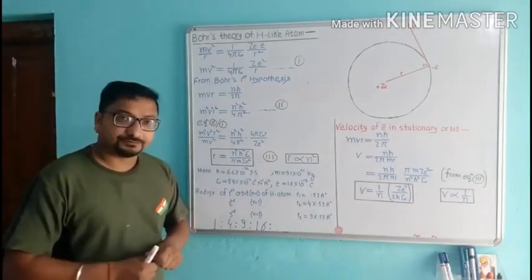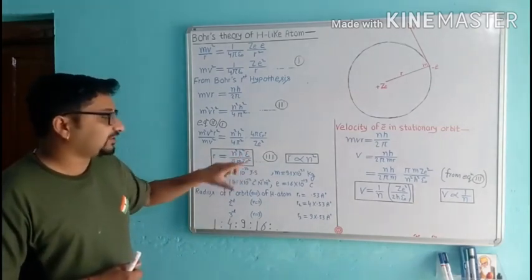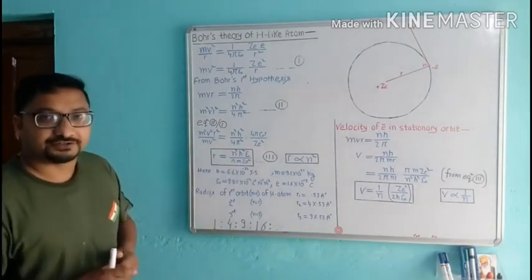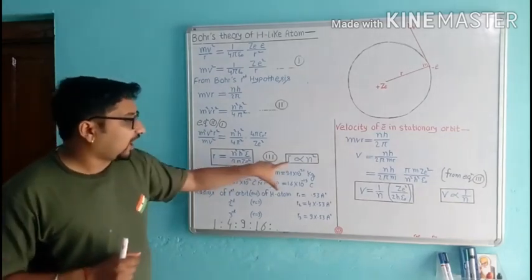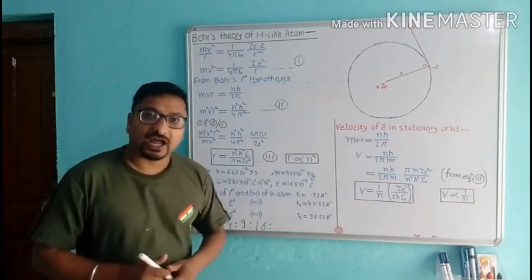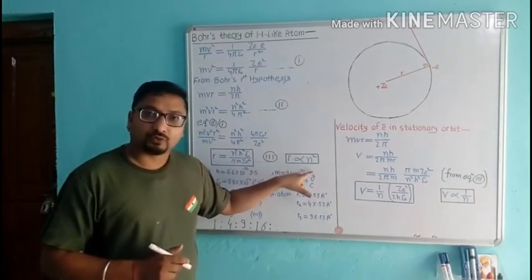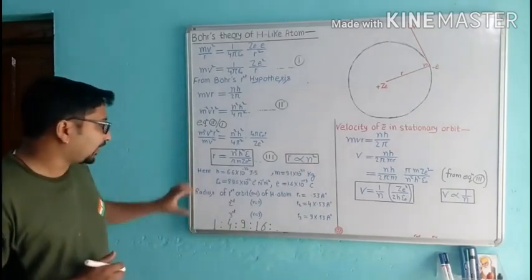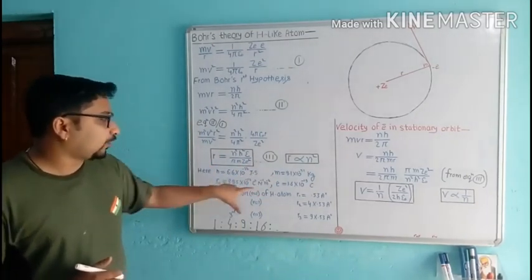Equation number 3. Here h, epsilon naught, pi, m, Z, e square all are constant. So we get r directly proportional to n square, the square of the principal quantum number. Here are the values of h, m, epsilon naught and e.